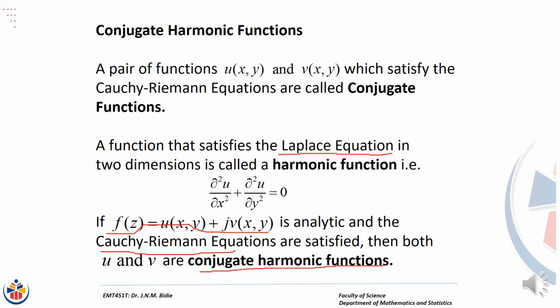So if our function f of z is analytic, satisfying the Cauchy-Riemann equations, then both u and v are conjugate harmonic functions, noting that they become harmonic functions if they satisfy the Laplace equation in two dimensions. And they become conjugate functions if the function itself satisfies the Cauchy-Riemann equations.